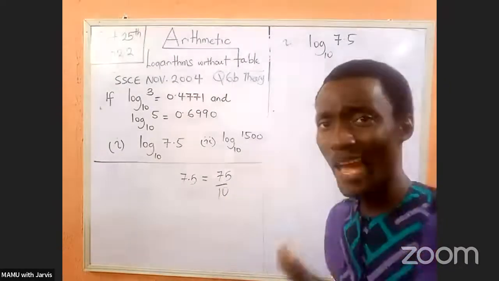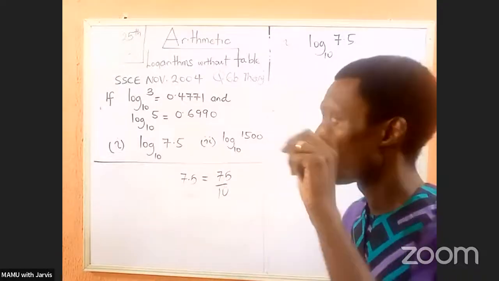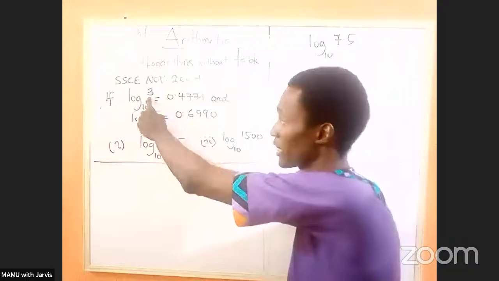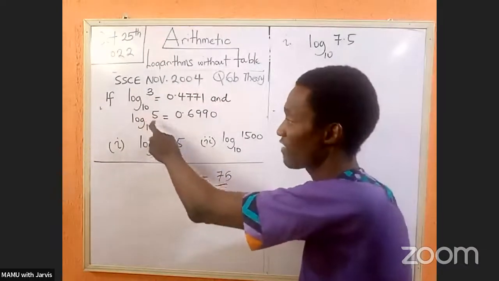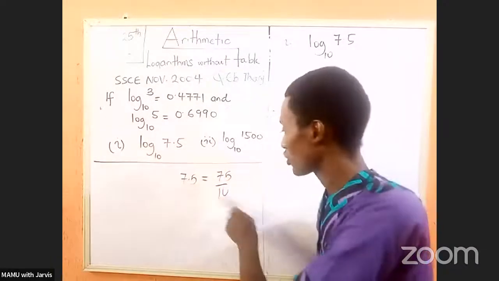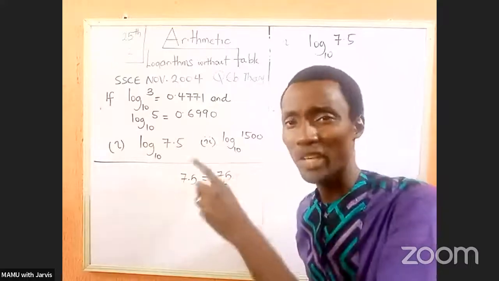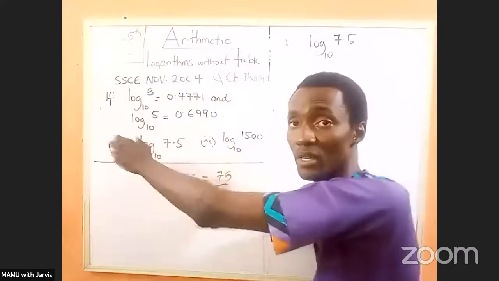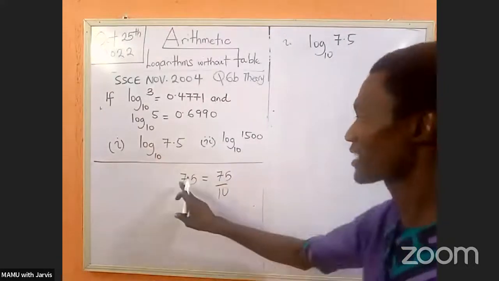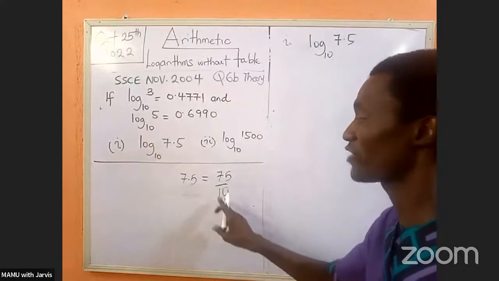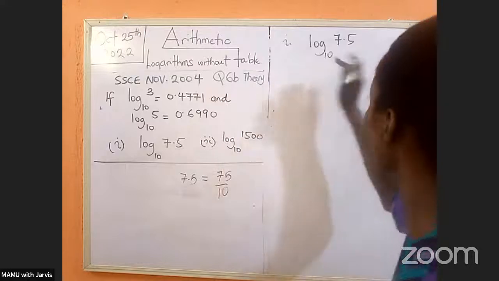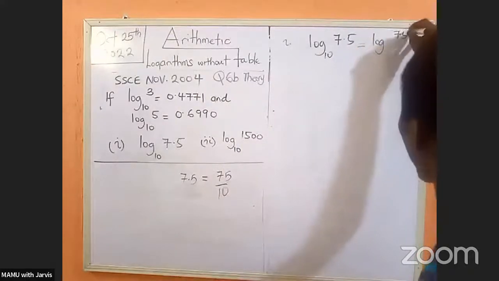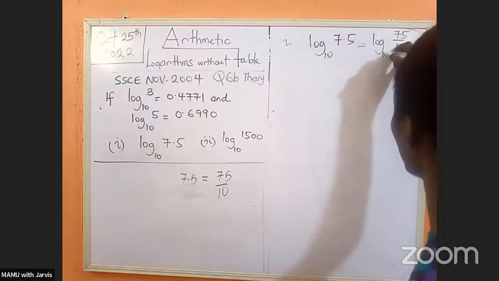Look at it, so log 3 base 10 and log 5 base 10. You have no discussion in terms of 2 or whatever. So you need to understand that whatever you're doing must fall within this. So I know that 7.5 will be 75 divided by 10. So I will say that this is log 75 over 10 base 10.